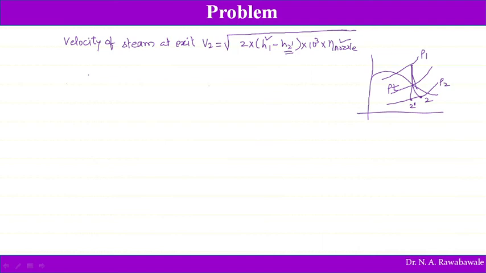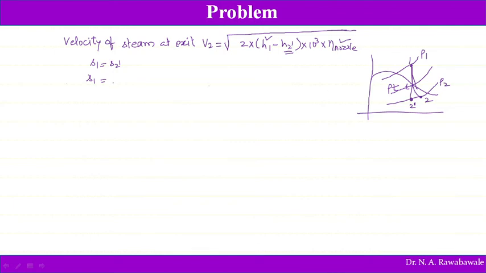H1 is known already at point 1, this is throat, and this is point 2 dash. So H2 dash is nothing but the enthalpy at point 2 dash. So to find out the state at point 2 dash, we must equate entropy at point 1 to entropy at point 2 dash. Entropy at point 1 we have calculated as S1. Entropy at point 2 dash can be known. So from here we can find out the dryness fraction. Once we know the dryness fraction at point 2 dash, then we can find out H2 dash.